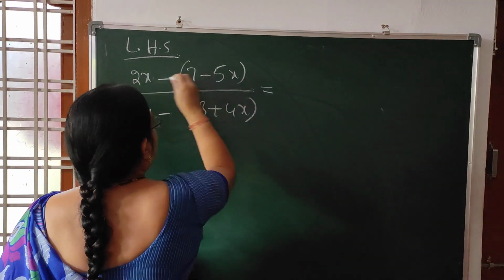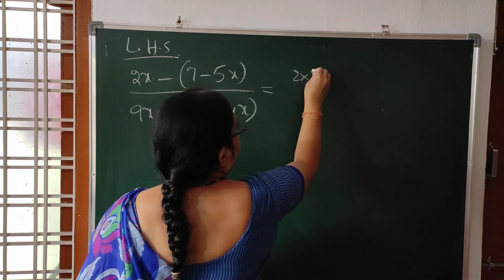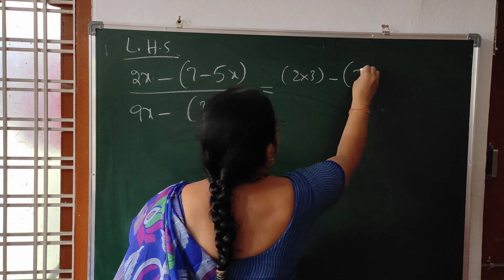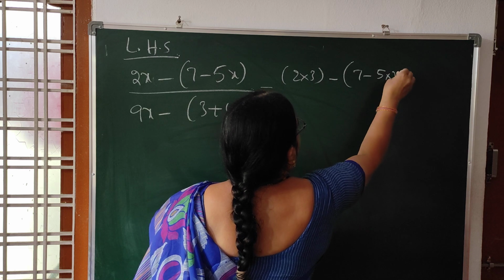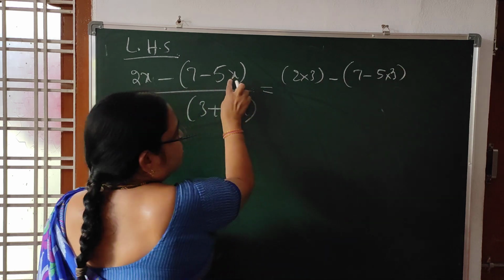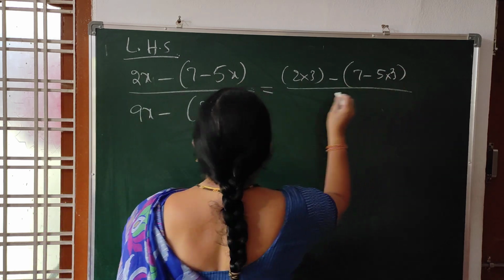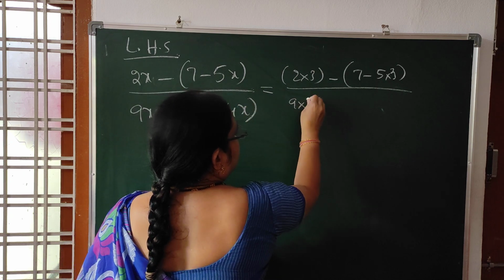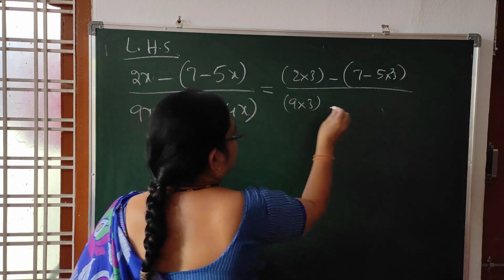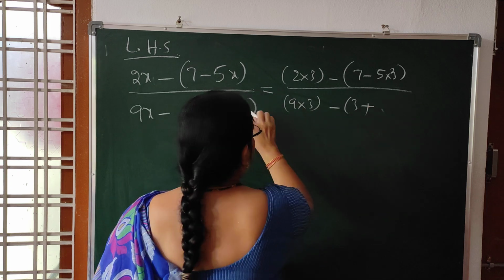So this is equal to 2 into 3 minus 7 minus 5 into 3 by 9 into 3 minus 3 plus 4 into x.